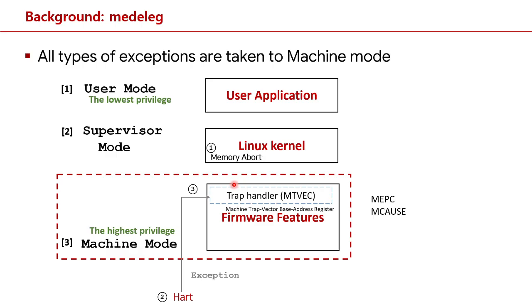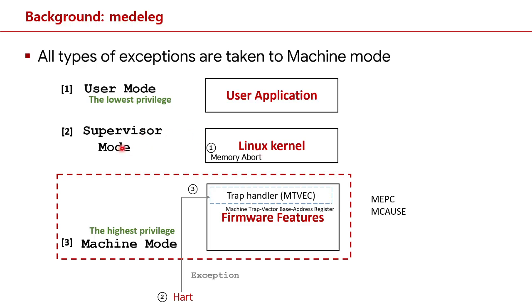Now let's take a look at another workflow, when the exception occurs in supervisor mode. Please remember that this is the default setting. What I mean is that if you do not configure any bit field inside these registers, the control flow will be like this slide. As you can see, as the first step, the memory override occurs in supervisor mode.